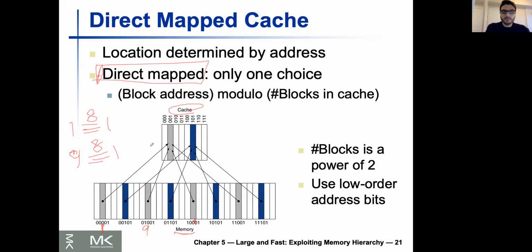Okay, back to your question. If you're trying to find data here, depending on the size, you might have either of these inside.